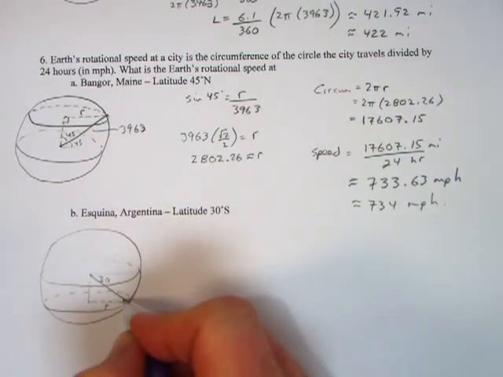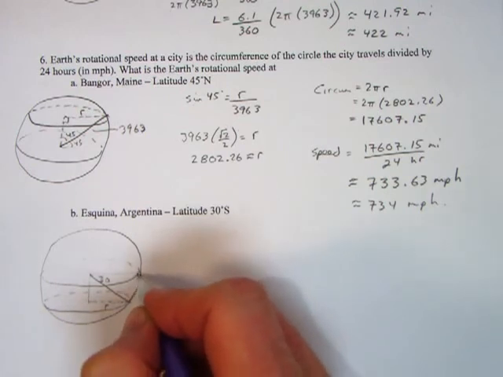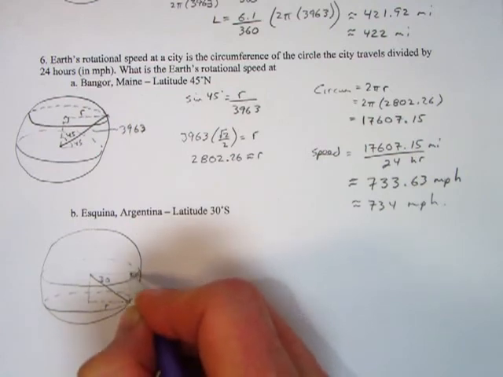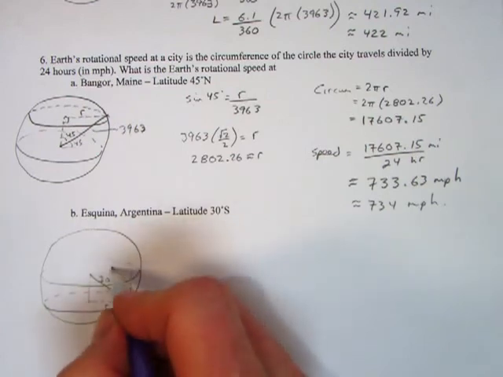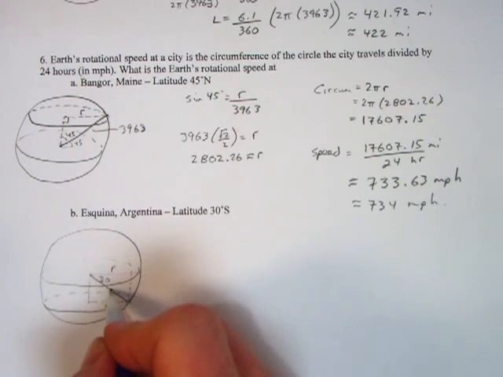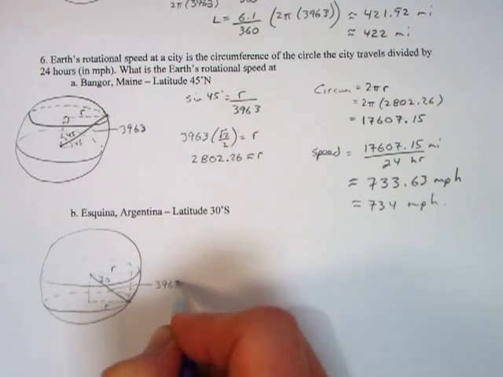Instead of using this piece here, what I could use is taking at this point and going up. So I basically have a rectangle here where this piece is R. And again, I know my radius is 3963.